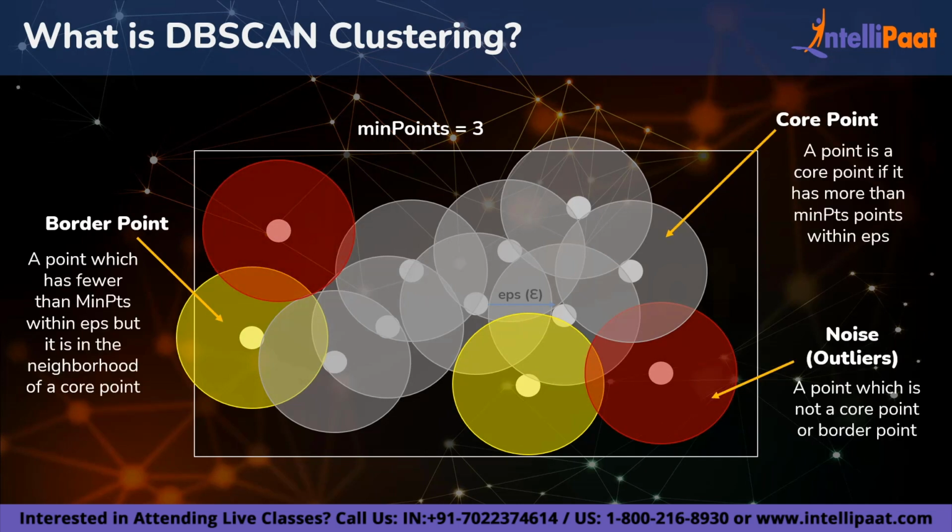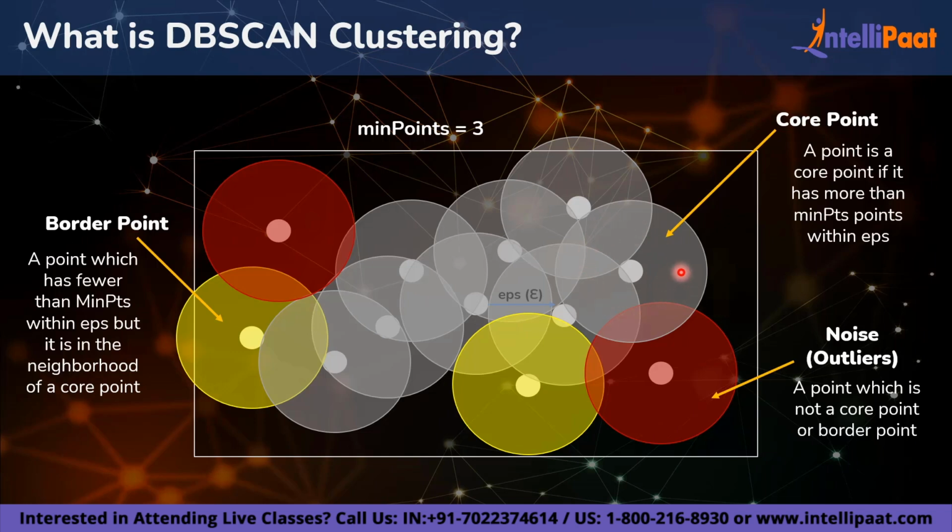Core points are the data points that contain at least MinPoints number of points within their epsilon radius circle. Let's take this core data point. As you can see, we have taken MinPoints as 3, so in this epsilon radius we should have at least 3 data points. We have 1, 2, this one, and 3, this one.